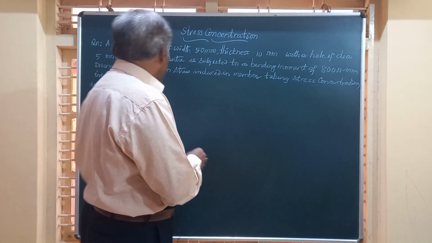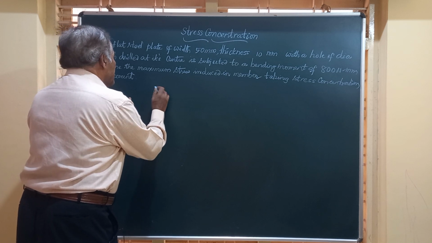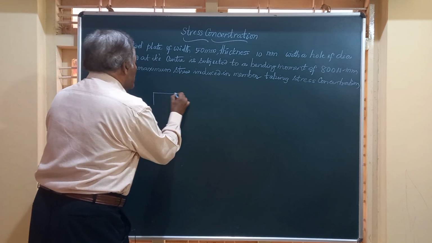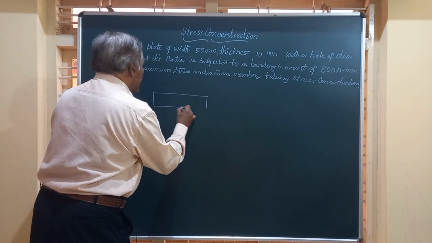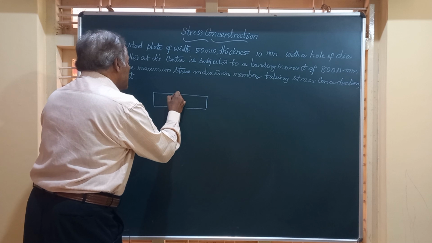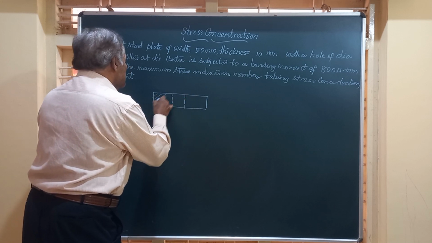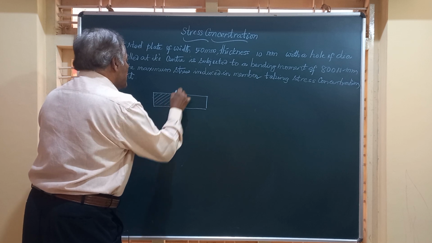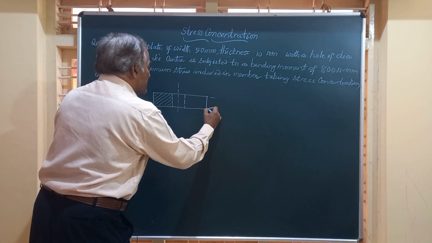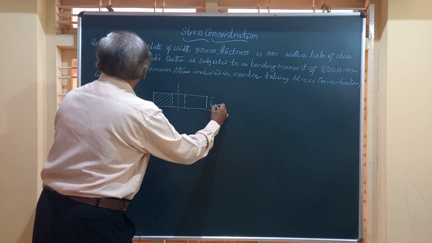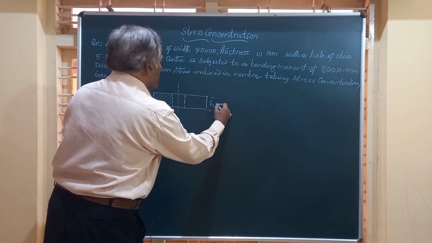Friends, first of all, let us see the question given. I will write down the top and front views of the plate with a hole drilled in it. This is the front view showing the cross section, and this is the hole drilled at the center. The thickness is 10 mm.